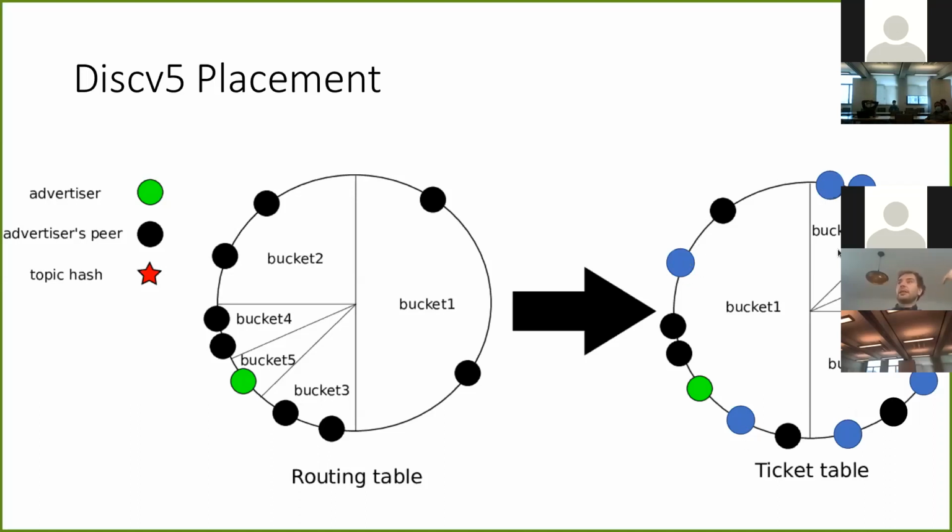And then the closer we get to the topic hash, bucket-wise, the more likely we are to encounter registrations for this specific application. And then again, in the closest bucket, in this case bucket 5, we're almost guaranteed to find the advertisement for this specific application.